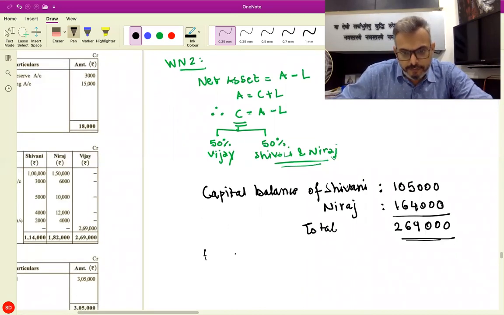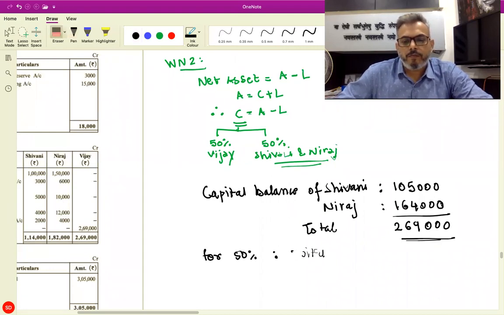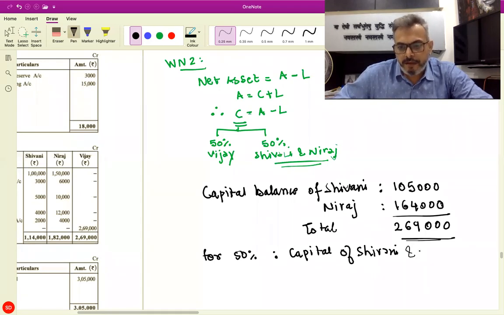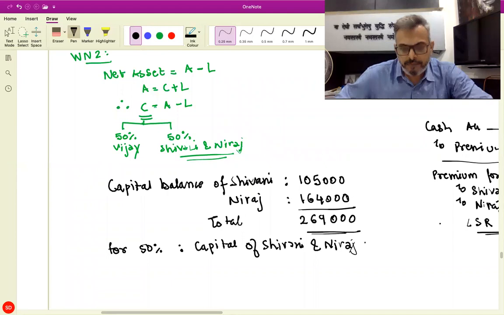So for 50% capital कितना है? For 50% capital of Shivani and Neeraj is equal to 2,69,000.